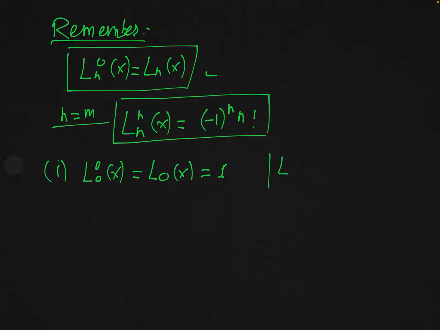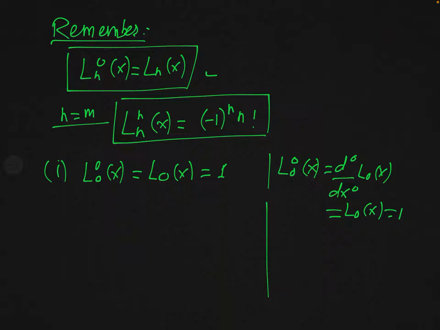And if you use the basic expression here, you can see L_0^0(x) will be equal to d^0/dx^0 of L_0(x), and it means simply L_0(x), and that is equal to 1.